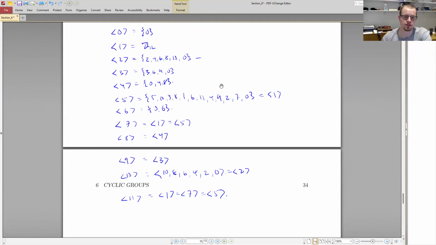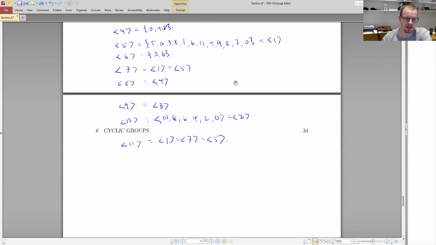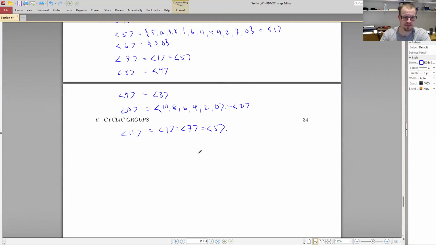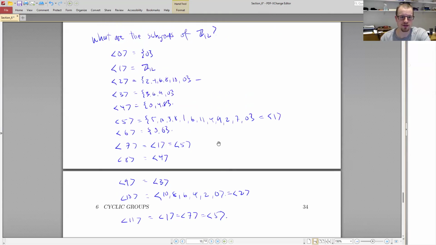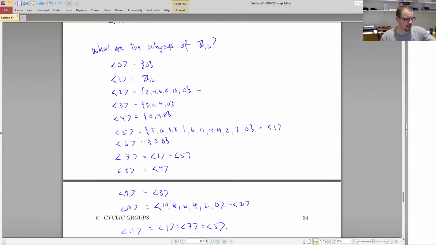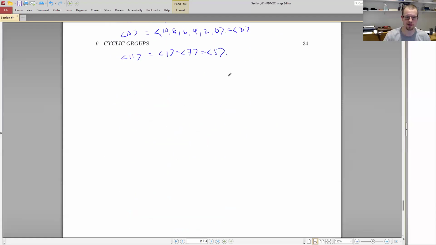All right. So what are all of our distinct subsets? Let's see if we can figure that out. So I'm going to generate a subset diagram.